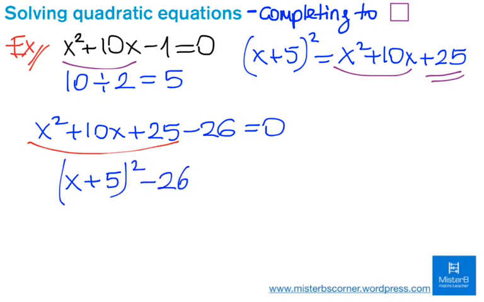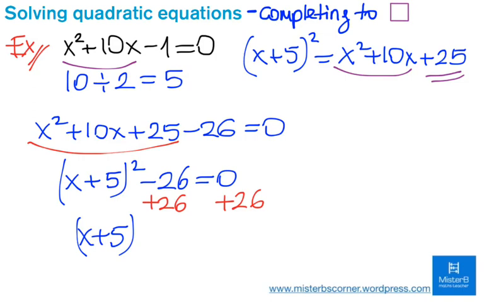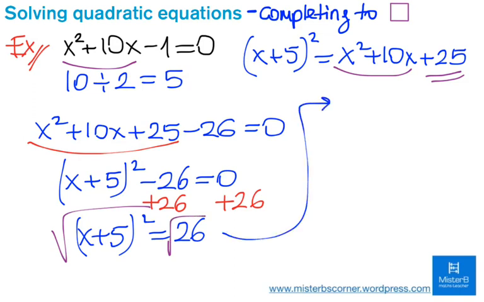So I'm going to take 26 to the other side by adding 26 to both sides. So I will have x plus 5 squared equals 26, and then I can take the square root of both sides, and then I'll have x plus 5 equals plus or minus root 26.